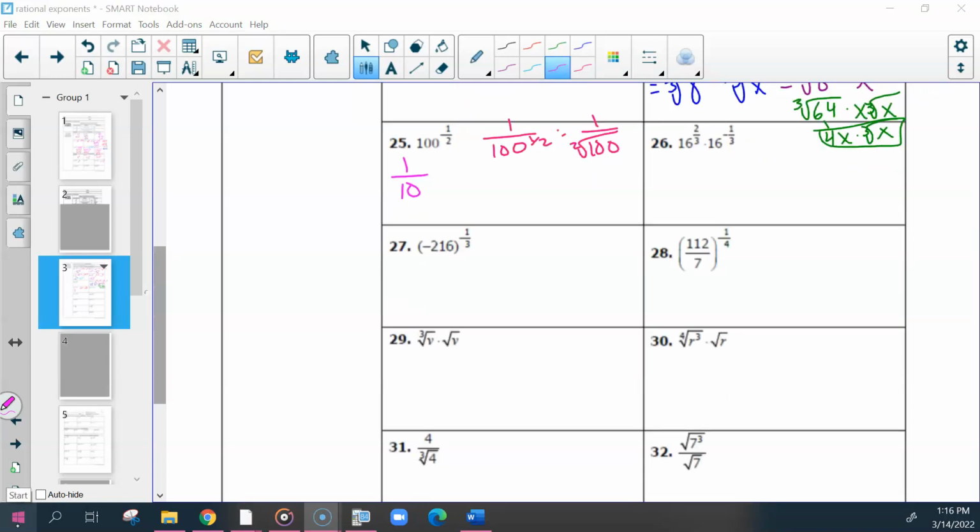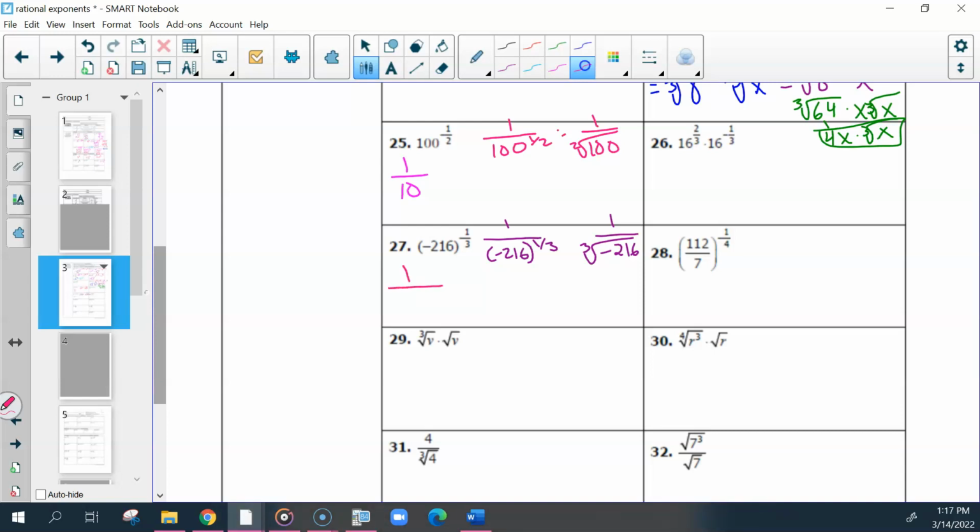Let's skip 26, go on to 27. So now we have negative 216 to the power of -1/3. So same thing. This is going to become 1 over negative 216 to the positive power of 1/3. We can go ahead and change this to 1 over the cube root of negative 216. 216 is a perfect cube, otherwise I would say go ahead and take that negative out.